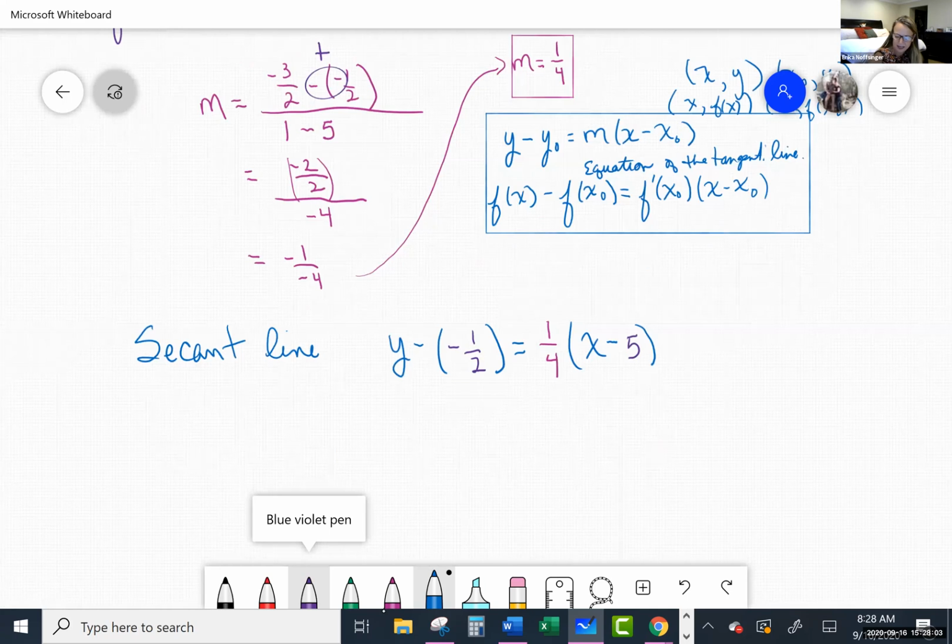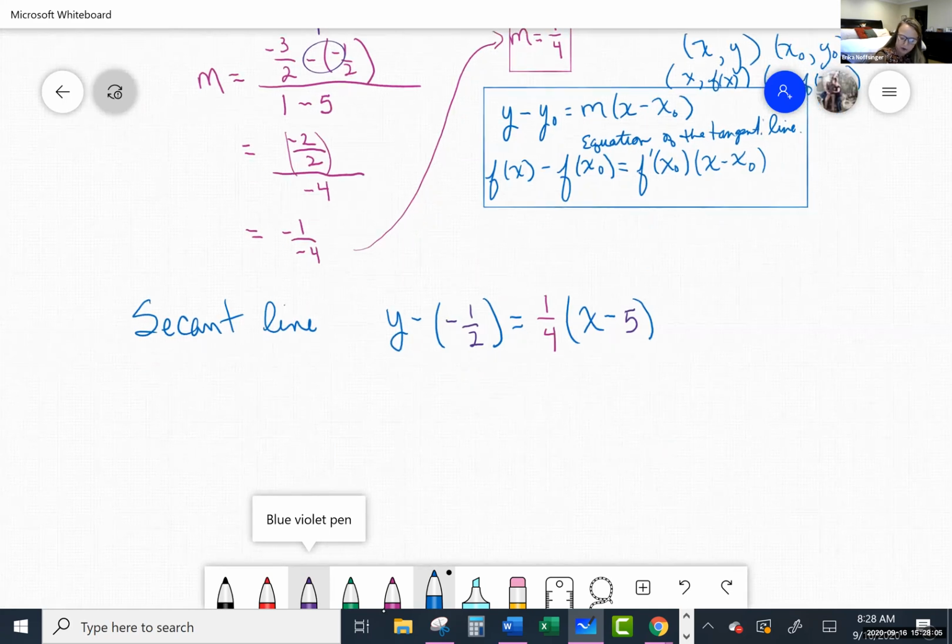So if we clean it up, minus a negative is really positive. So we get y plus 1/2 is equal to, we can distribute this 1/4, so 1/4 x minus 1/4 times 5. So this is minus 5/4.